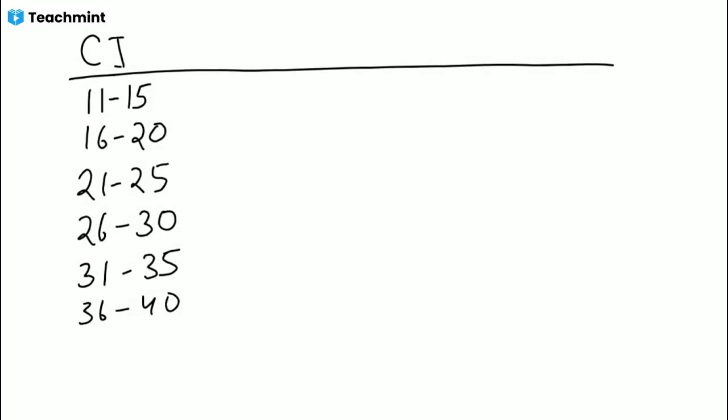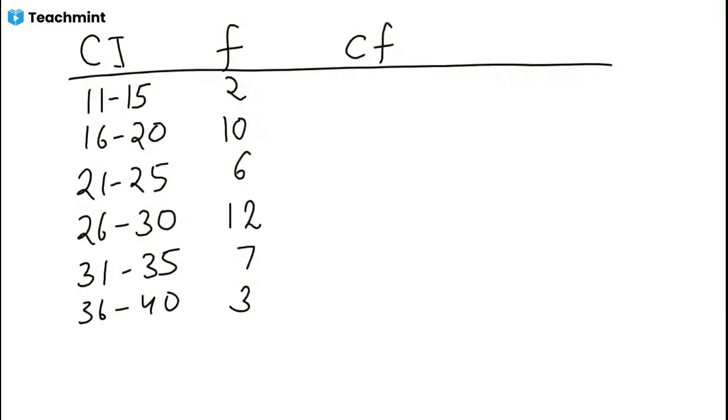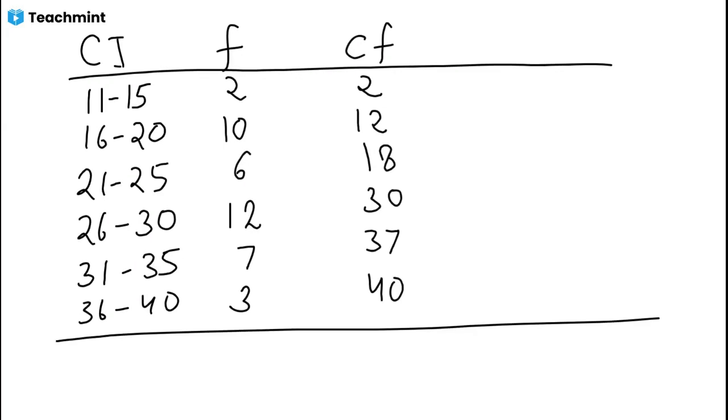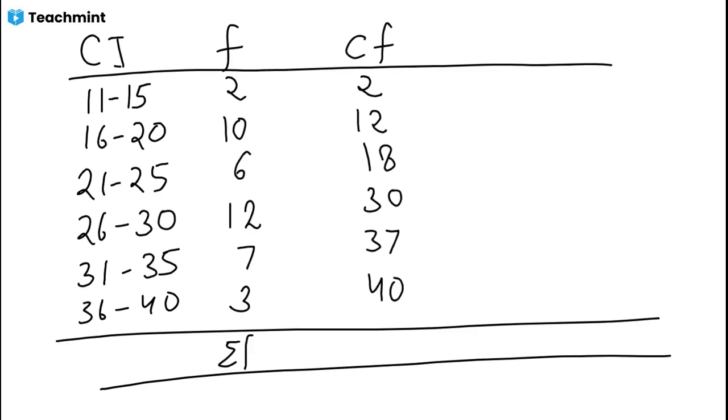Let us write the corresponding frequencies: 2, 10, 6, 12, 7, 3. And let us find CF now. You know very well how to find cumulative frequency: 2, 12, 18, 30, 37, and 40. Either you can find the summation of f, which is 40, the same as the last cumulative frequency.